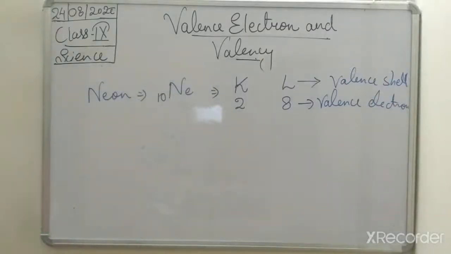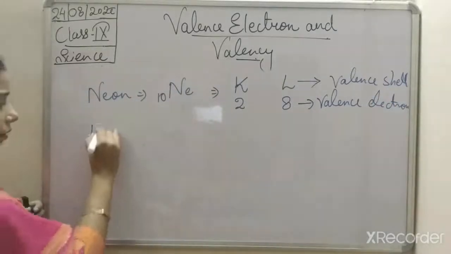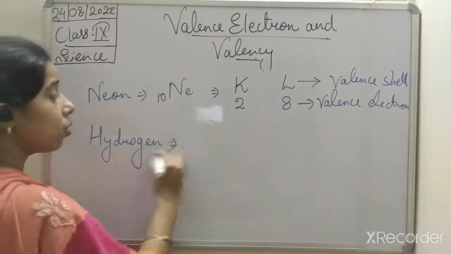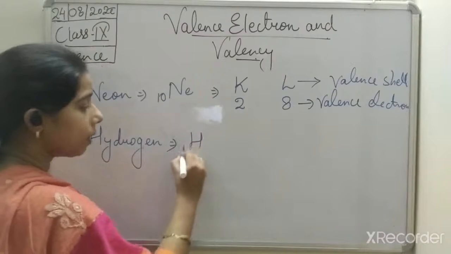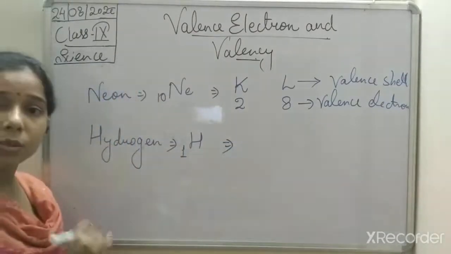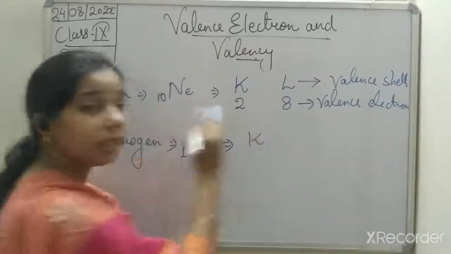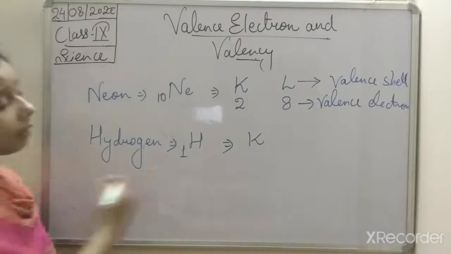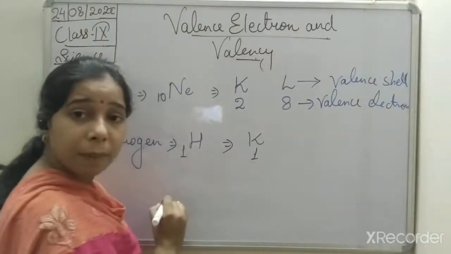Right? You can take an example of hydrogen. Very easy. In hydrogen, the atomic number is 1. Since the atomic number is 1, electrons will be present only in the K shell, students. So in the K shell 1 electron will be present.